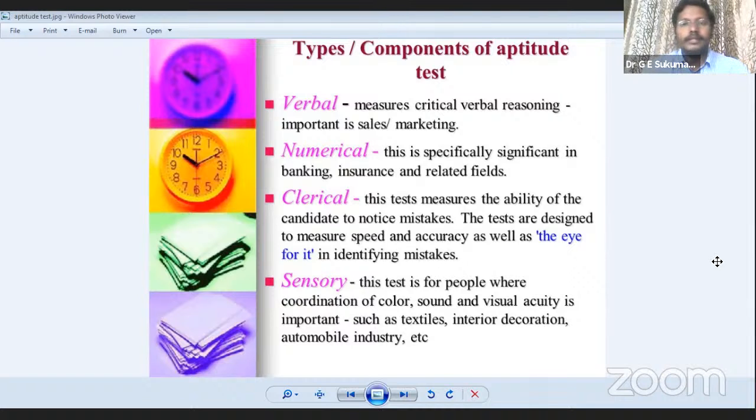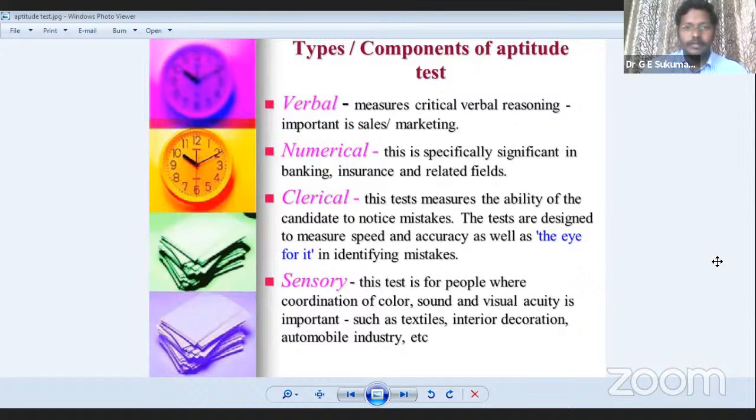Each general aptitude test would be considering these different areas of our aptitude, and there can also be specific aptitude tests, for example, a clerical aptitude test, a separate test. But if you're talking about a general aptitude test, you try to address all the sub-areas of this test form.